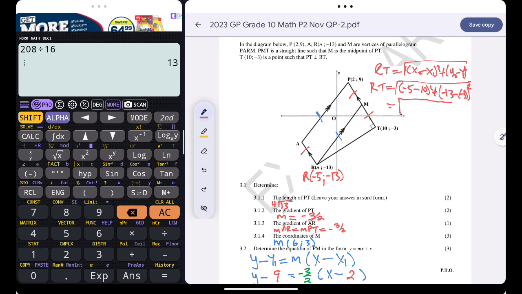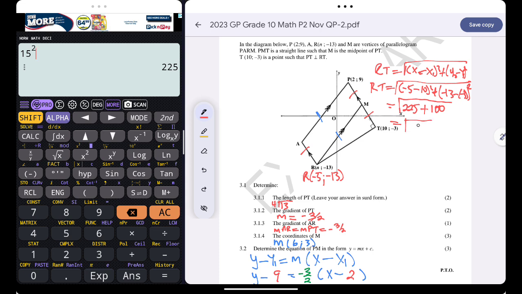What will I get? In the middle, negative 5 and negative 10 will give me 15. 15 squared is 225. Let me confirm. Yeah, I'll get 225 plus negative 13 plus 3 is negative 10. 10 squared is 100. So this thing is the square root of 325.